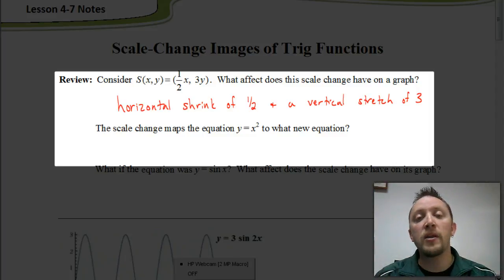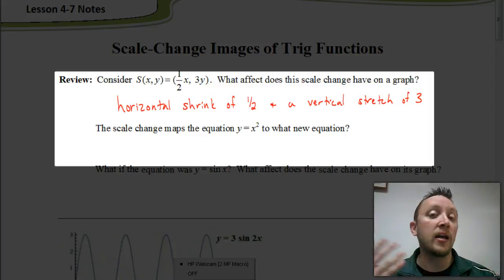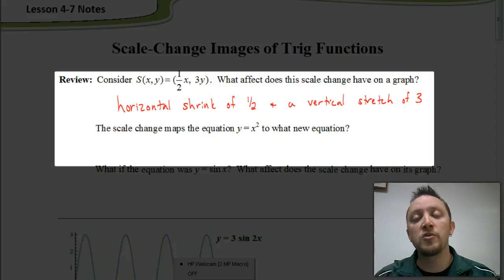Now let's think about what impact that would have on a function. Let's say we're looking at the equation y equals x squared. And we want to come up with a new equation after applying that scale change. Well, remember with the graph scale change theorem, we take and replace the x with the reciprocal or the opposite of what's happening with the x, and replace the y in our equation with the reciprocal or the opposite of what's happening with the y.